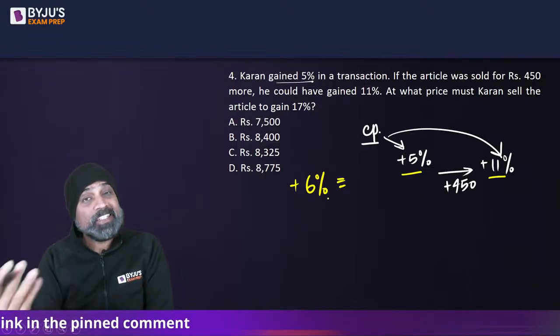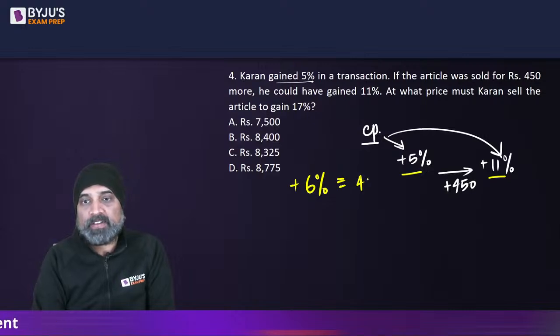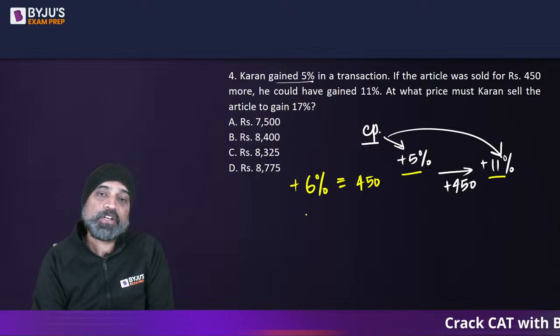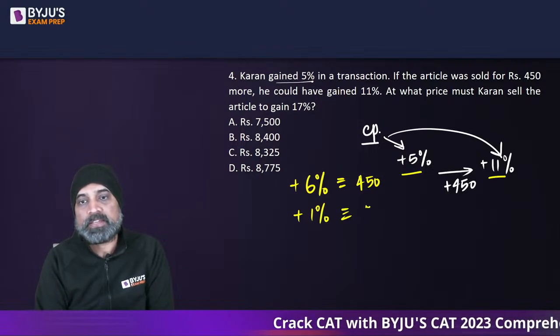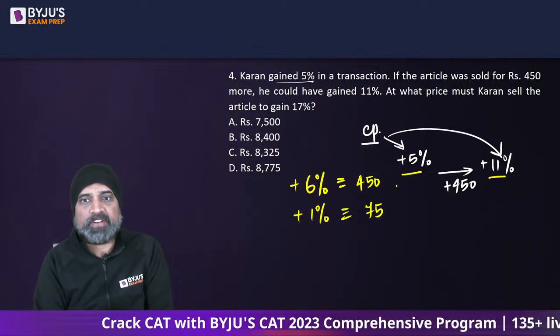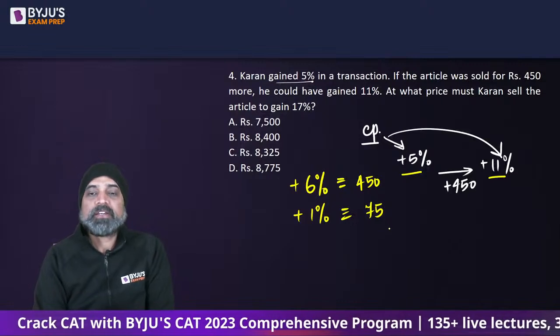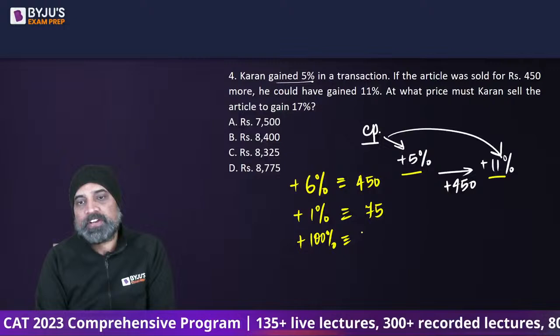So 6% that increase or the gain on cost price is given as 450 rupees. If 6% is 450 rupees, that would mean 1% is going to be 75. 1 into 6 is 6, 75 into 6 is 450. That would mean 100% is going to be 7,500.